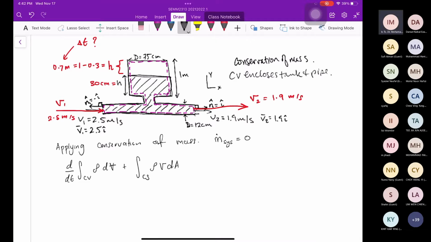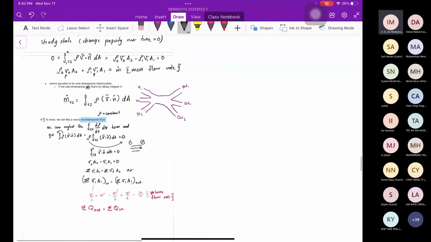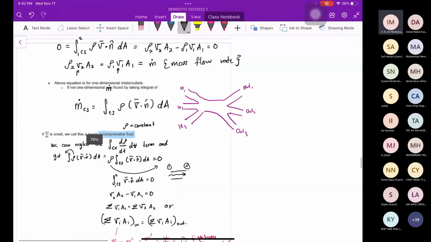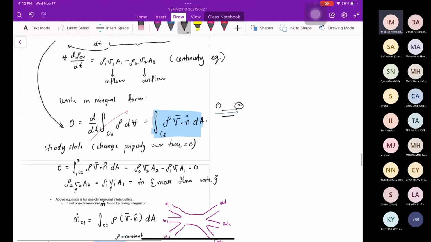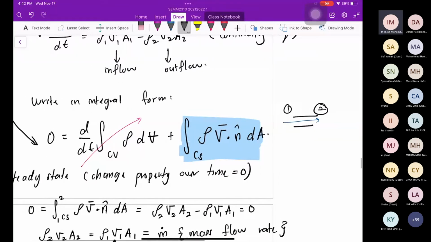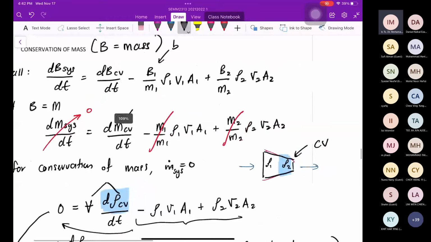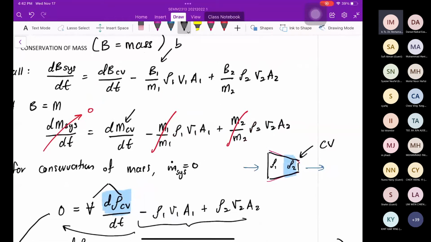V and A must be perpendicular. Where do I get this equation? From this one. Where is it? Can you see? 0, that means this is initially from here. This is conservation of mass. Remember, conservation of mass is conserved.